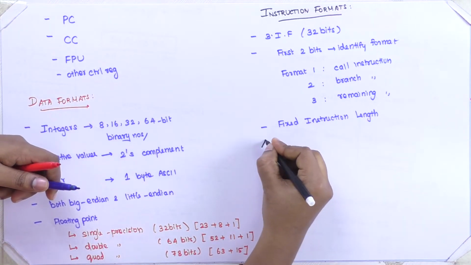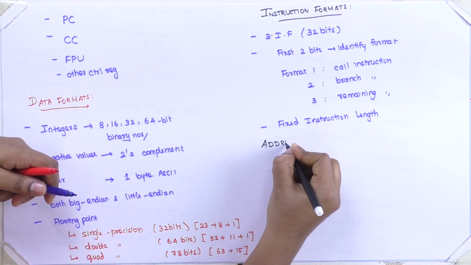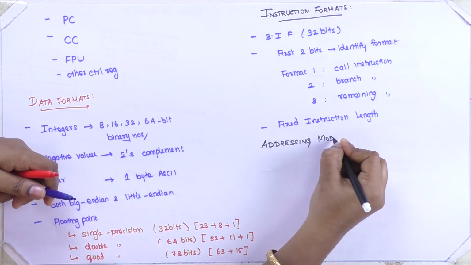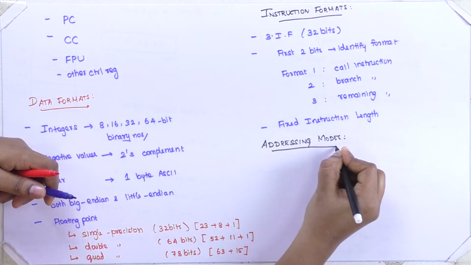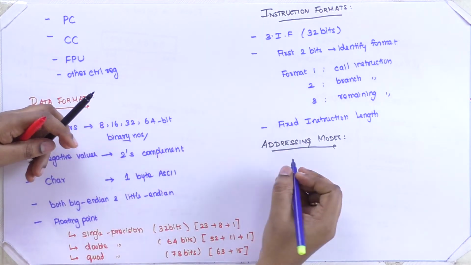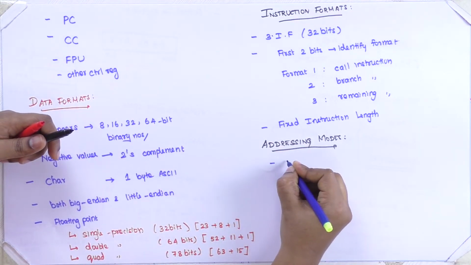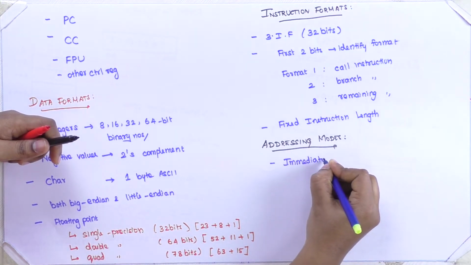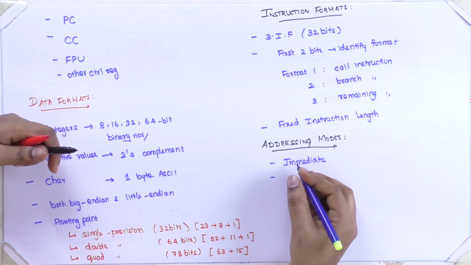Next, addressing modes. UltraSPARC architecture supports the following addressing modes. Immediate mode: under immediate mode, the value of the operand is represented in the instruction itself.